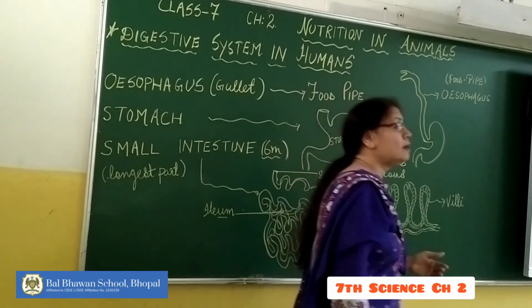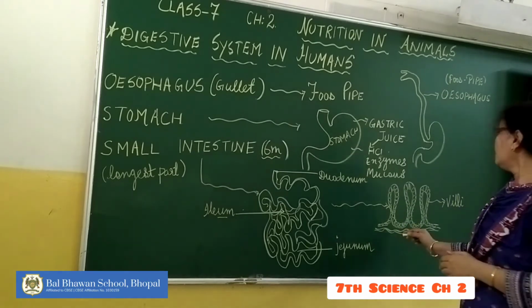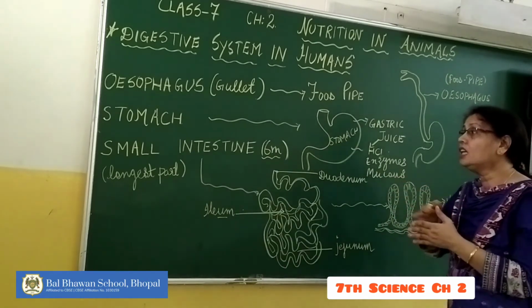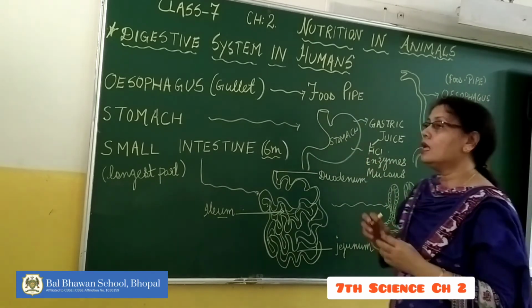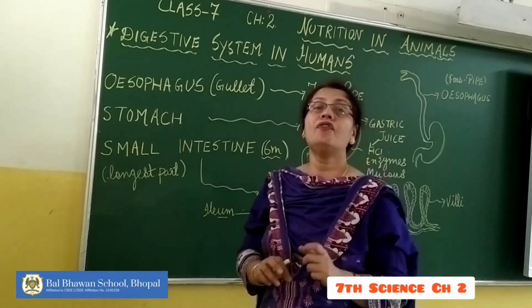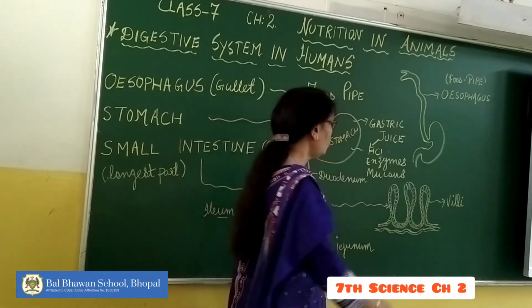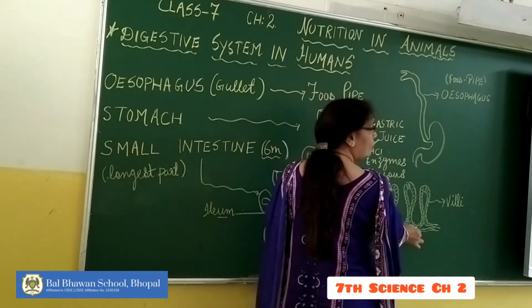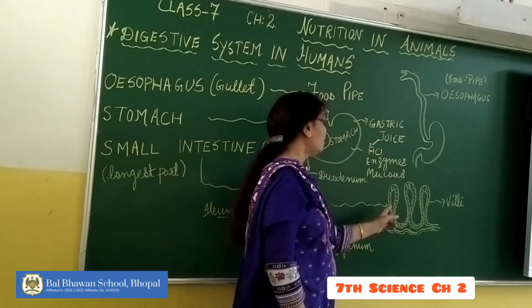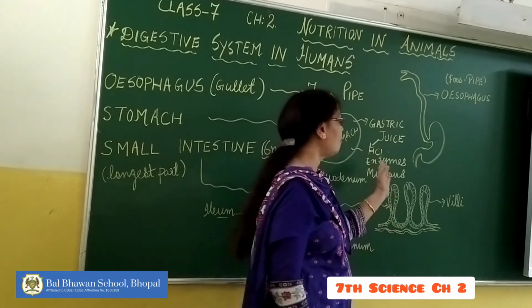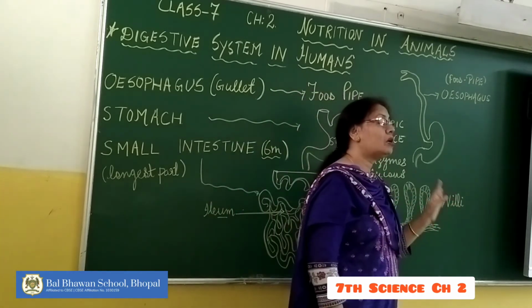Now, how is this part responsible for this? It is because the inner wall of the small intestine is folded in the form of finger-like structures which are called villi. So this is actually the inner wall of the small intestine, which has a large number of folds, and these folds are called villi.